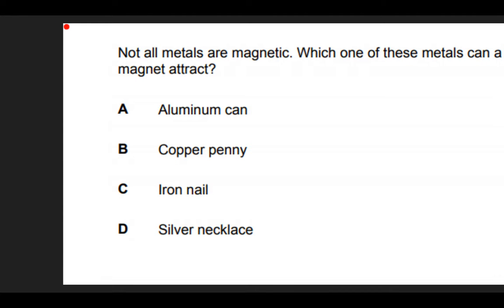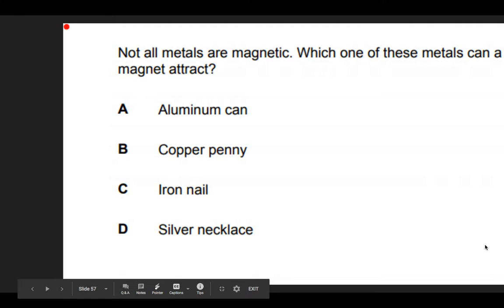Number 4, not all metals are magnetic. Which one of these metals can a magnet attract? A, aluminum can. B, copper penny. C, iron nail. D, silver necklace. Number 4, not all metals are magnetic.